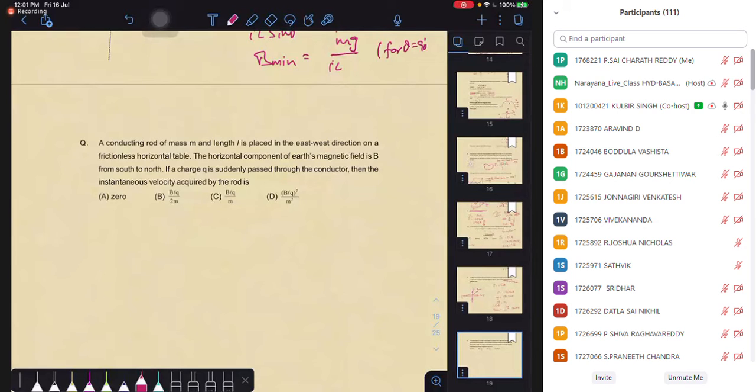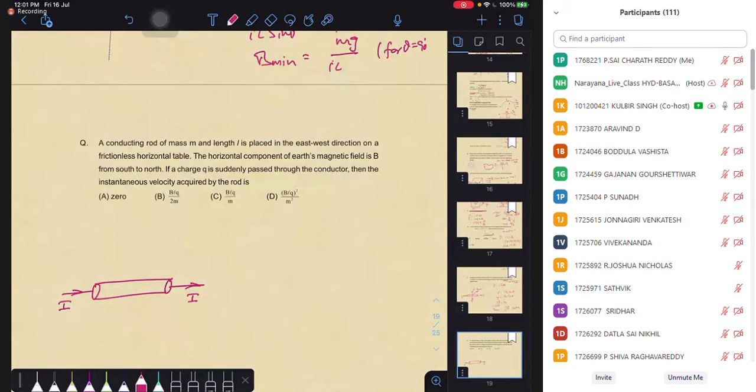So here, just try to imagine your rod. Current is coming in and current is going out here, current I. So next he is asking about velocity. For velocity, how can you get the velocity from the current?